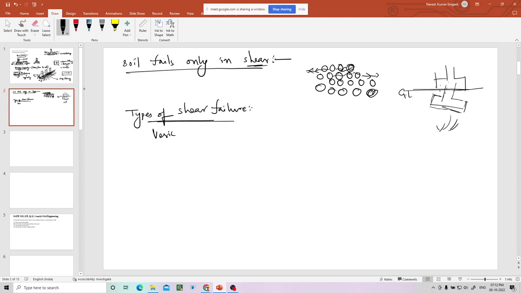Vesic in 1973 classified the bearing capacity failures. Bearing capacity, shortcut I will write BC.